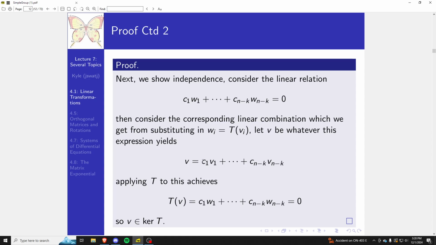So we'll let v be whatever this is. Each of these vi's that send to each wi, we let v be the linear combination of them. Well, if we apply T to this, right, we get this initial expression here. And we know that that equals 0 because we assumed it. So then that means that v must be in the kernel of T because it gets sent to 0.